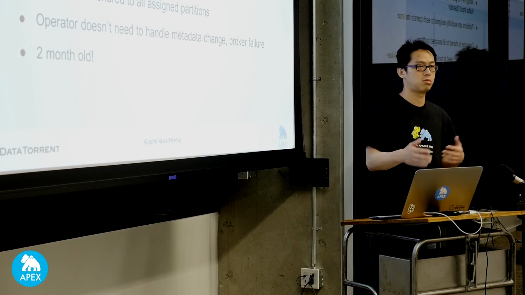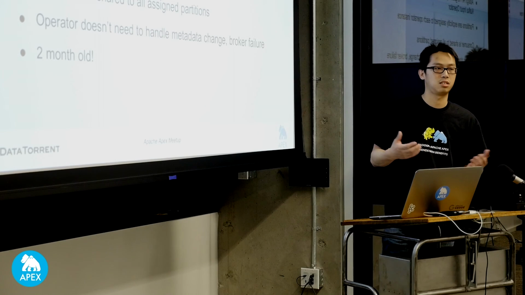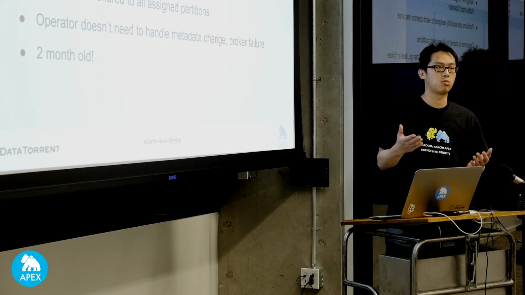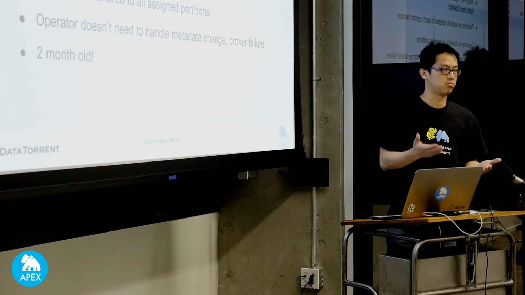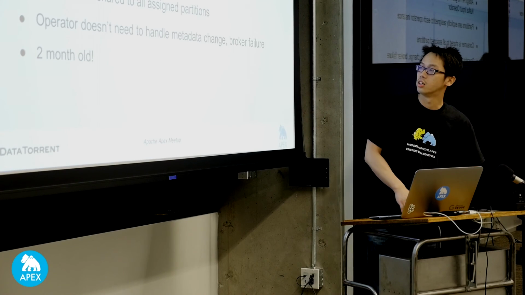So we don't have to worry about anything changing on the broker side. We just need to tell the consumer class, I want to consume from this topic and these partitions.